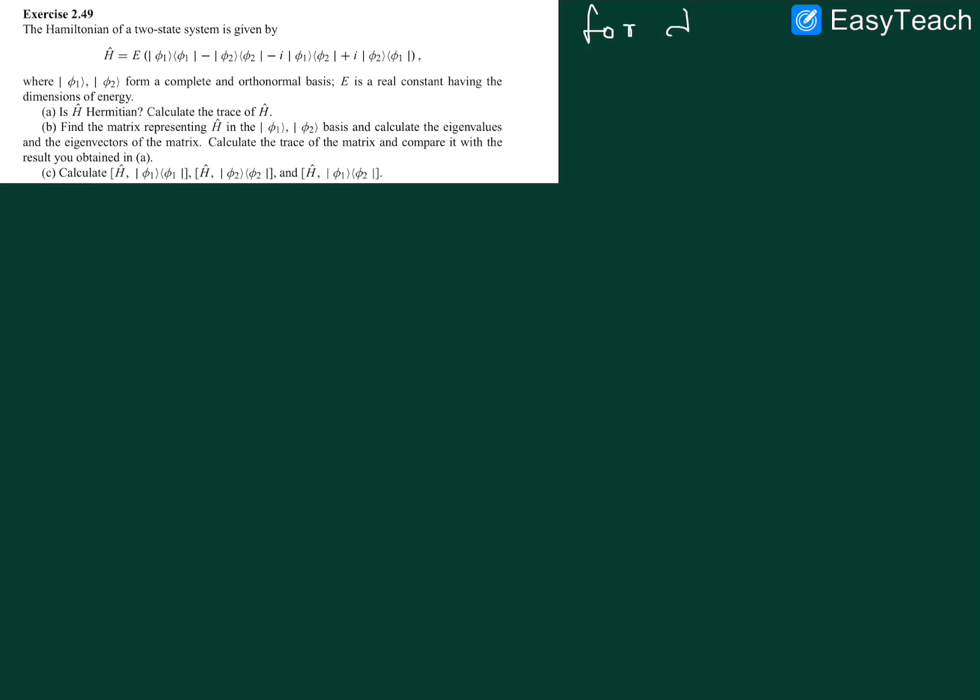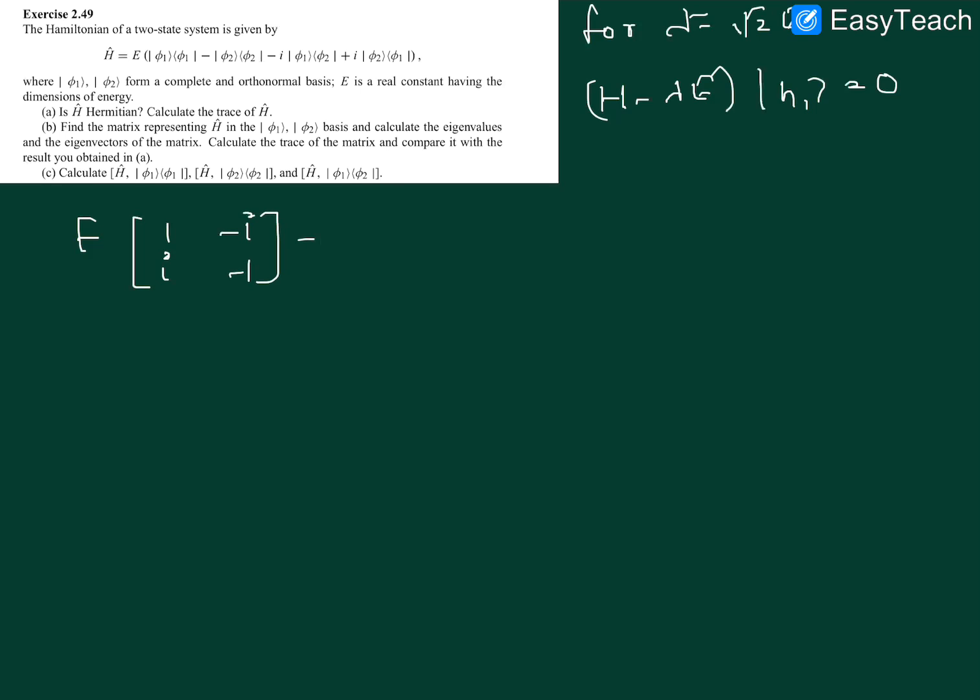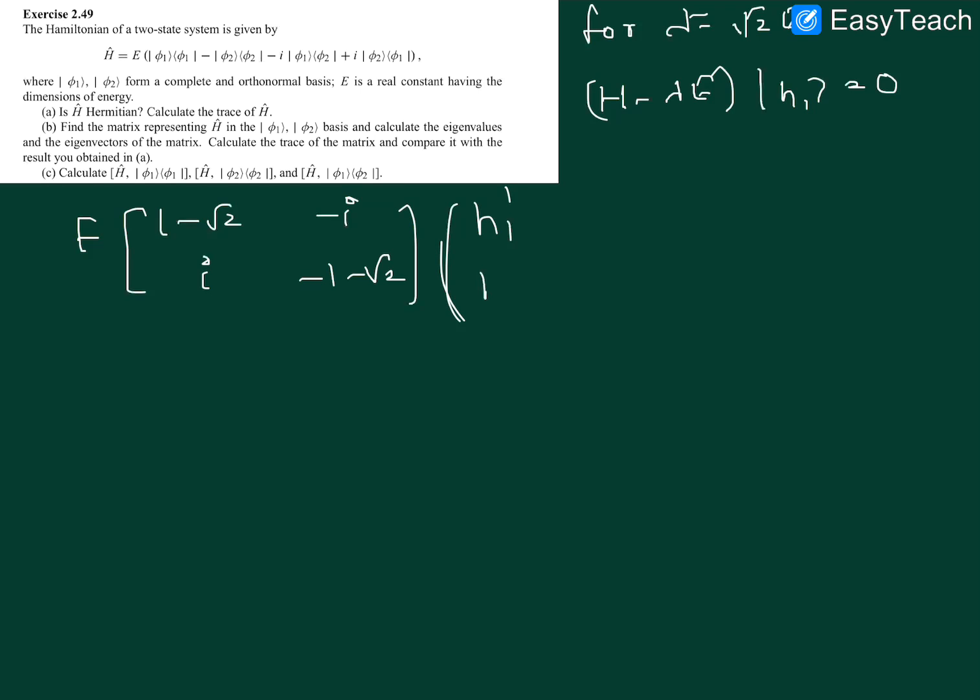For lambda equals root 2 E, (H minus lambda I) times the eigenvector h1 equals 0. E times the matrix with entries 1 minus root 2, minus i, i, minus 1 minus root 2, times h11, h12.